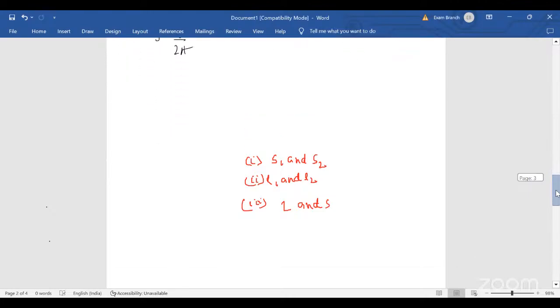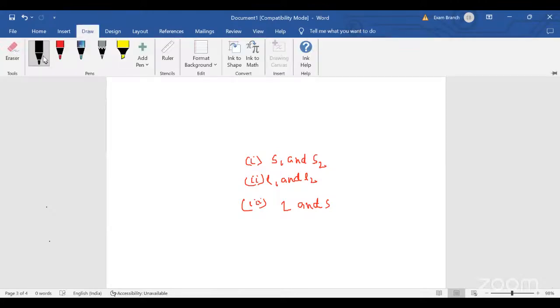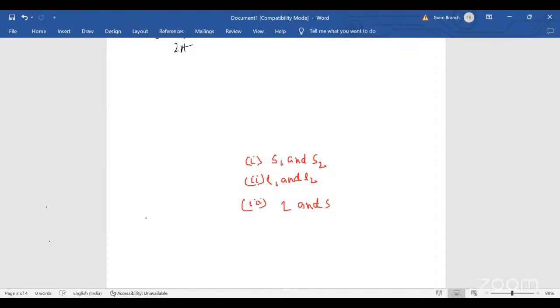That angular velocity is given by omega L, which is written as H into the field into g into e by 2mc. This we have already seen when we studied the Larmor precession.